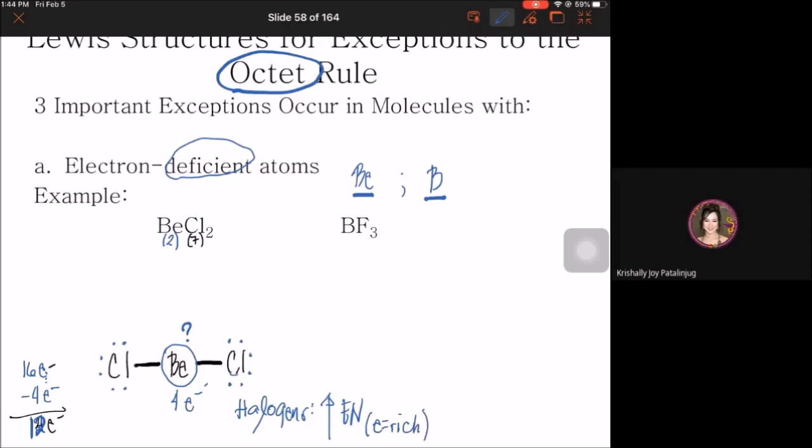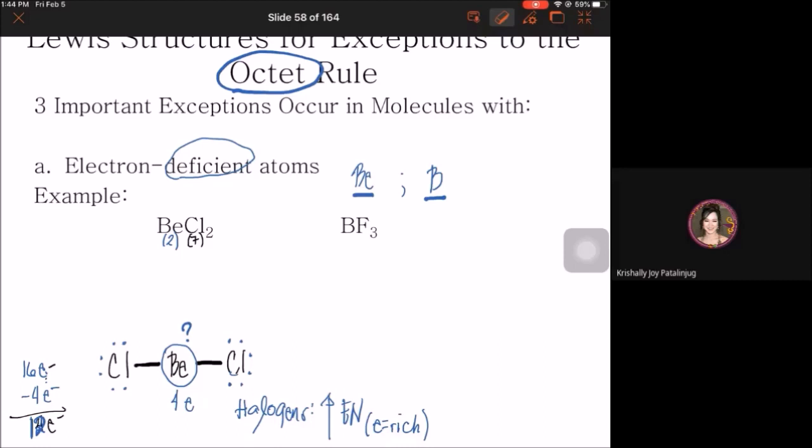And kung gusto nyo pang i-check kung stable na ba talaga yung binding ng mga atoms in that molecule, we can use the formal charge. Kunin natin yung formal charge nila each. Naalala ba yung formal charge?